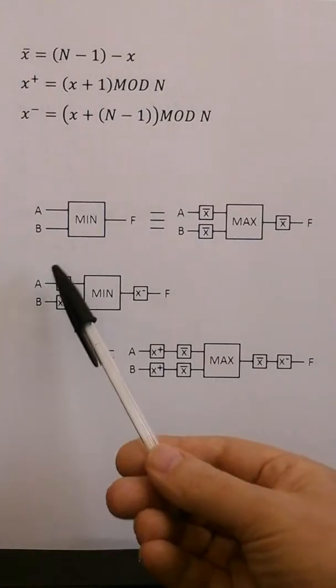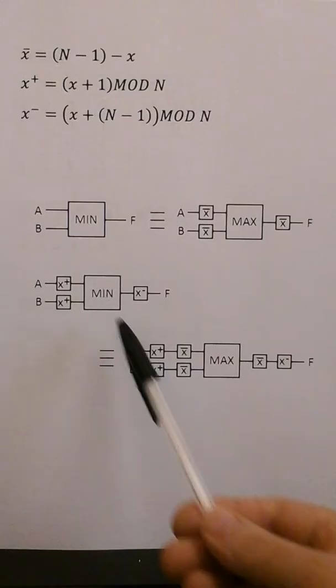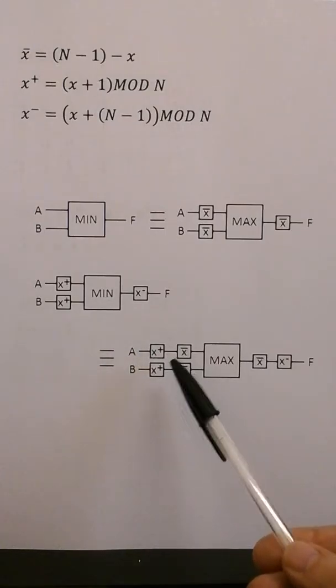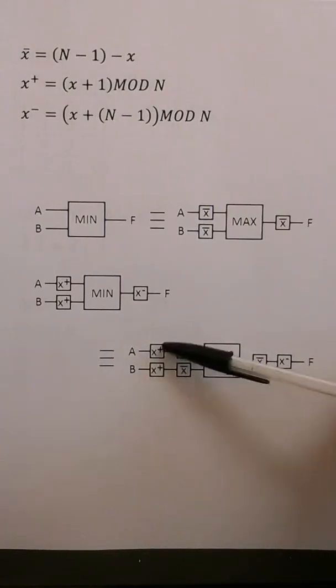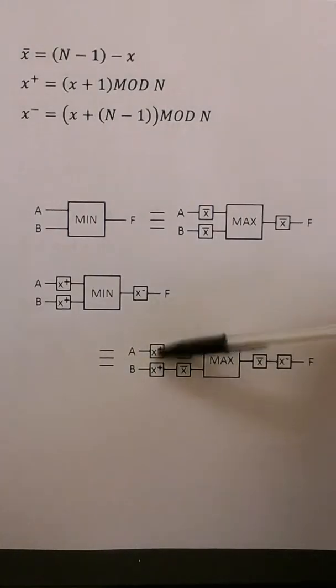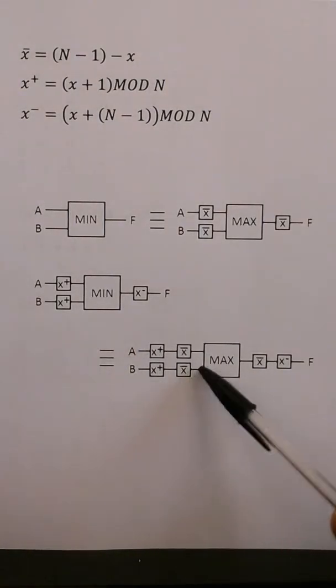So any complementation present on the input of the minimum function has to be complemented after the complementation present on the input and before the complementation present on the output. So there's an order to it.